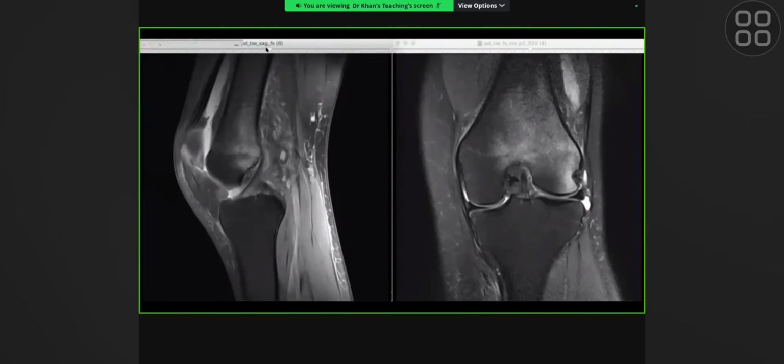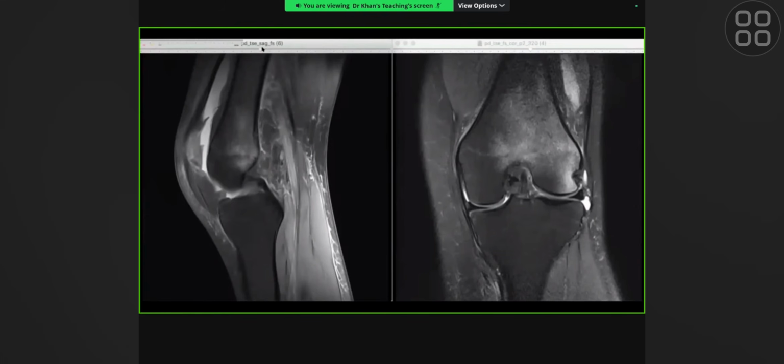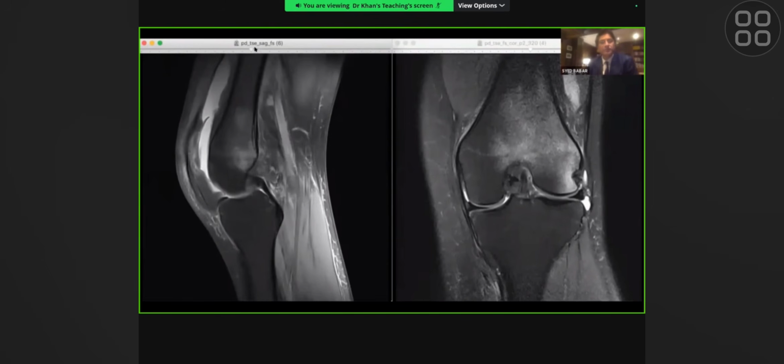Just trying to see the PCL. Apologies, it's just a bit slow. Yeah, understood. It is a bit slow. So the PCL looks intact. It's uniformly dark.